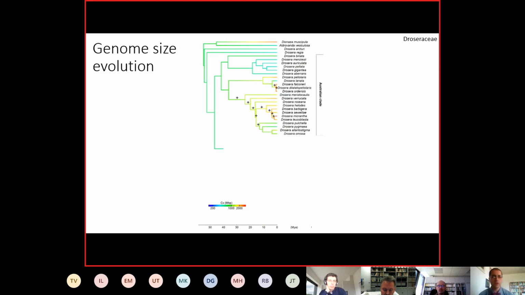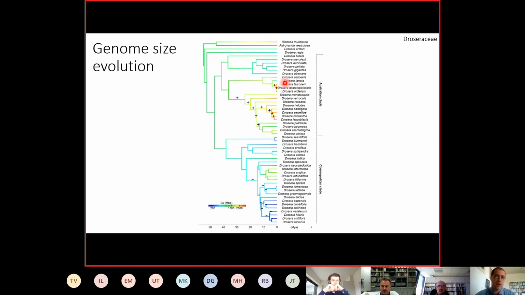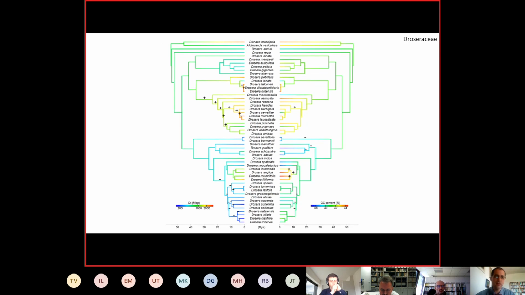The genome size evolution in Droseraceae is not really exciting. There is one clade which tends to increase their genomes, while in the other the genomes are decreasing. But the truly interesting things happen in the evolution of the GC content. We have detected several clades where GC content is quite high and growing, and also other clades where GC content is low and still decreasing.